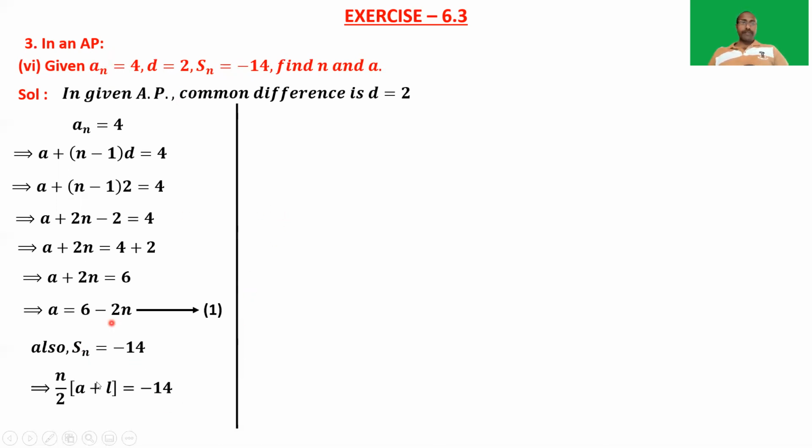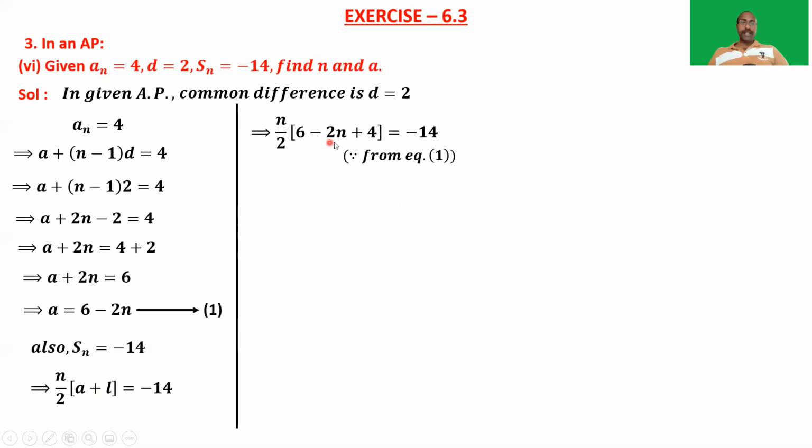We don't know the value of n and a. We know the value of l here. L is an, which is equal to 4. So substitute l is equal to 4 in this equation. So n by 2 into, we have a equal to 6 minus 2n from equation 1. Okay. So from equation 1, a equal to 6 minus 2n and l is equal to 4.